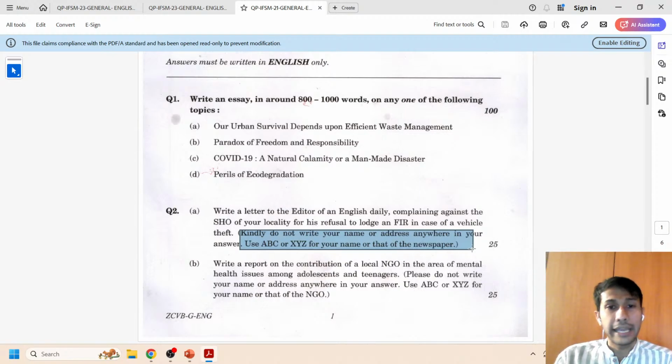You have to use ABC or XYZ for both, your name and the newspaper. So write XYZ newspaper, ABC newspaper, MNO newspaper, DEF newspaper. You just use three letters.